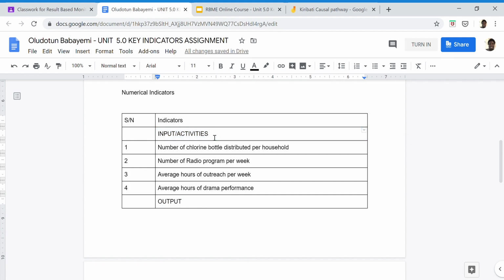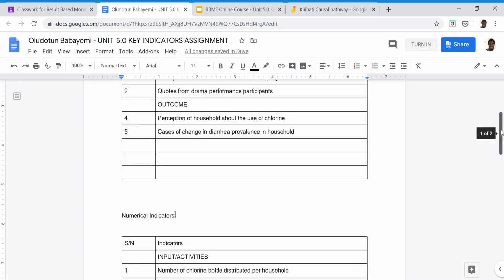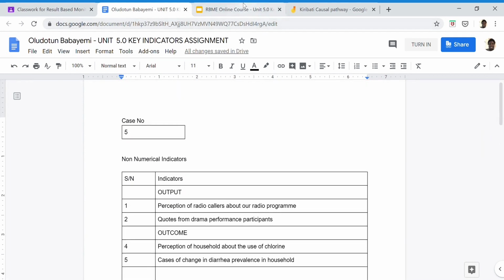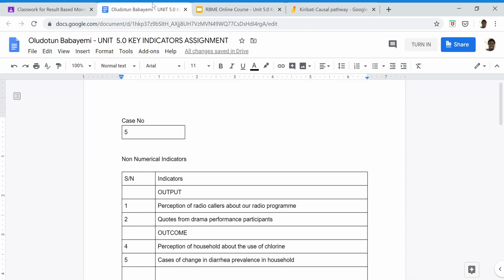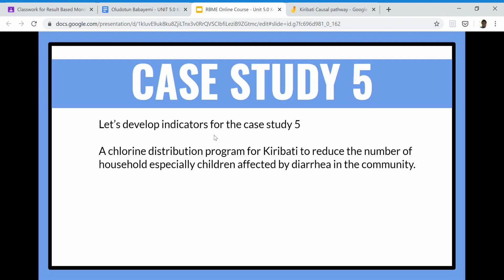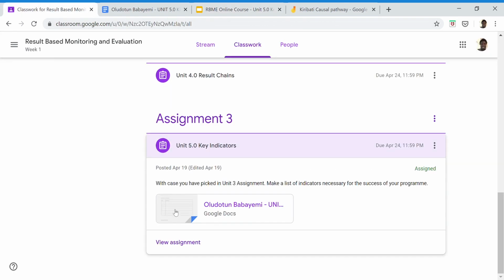So this is what you'll be doing for any of the cases that you've chosen, and I hope this is useful for us as well. So that's case 35 that we just finished the assignment for, and I hope you complete your own as well. Like I said, if you have any question, comment, suggestion, do not hesitate to put it.